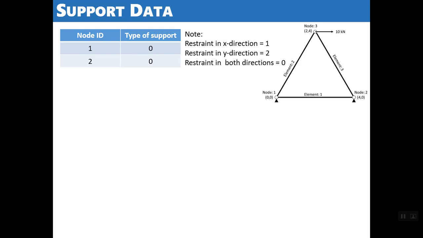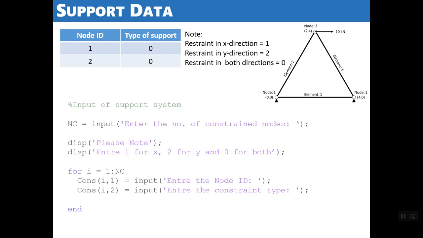In case of a truss, only 3 options are possible: roller in X direction, roller in Y direction, and a hinge support. To take this input, we have to begin with asking user how many nodes have supports on them, or enter the number of constrained nodes.